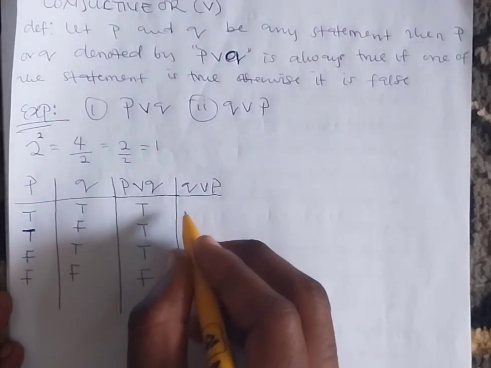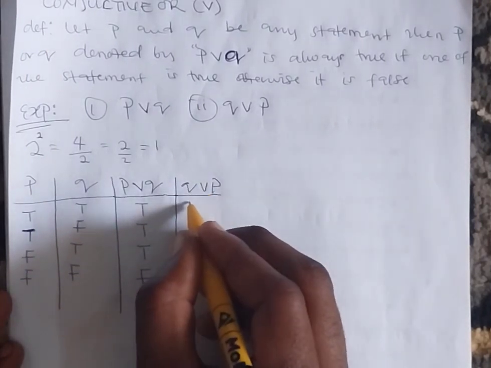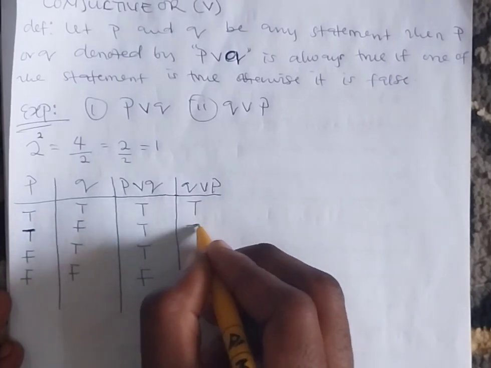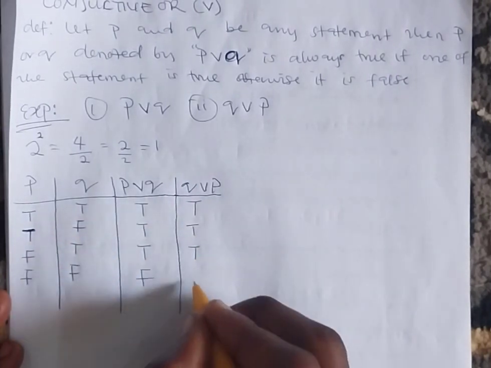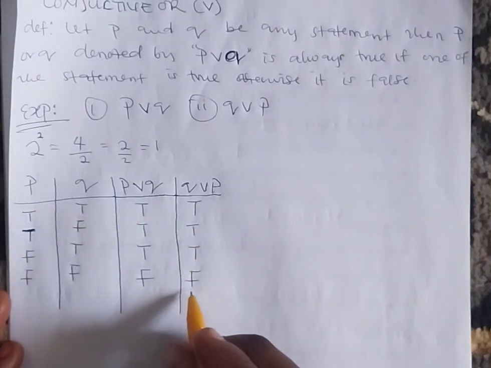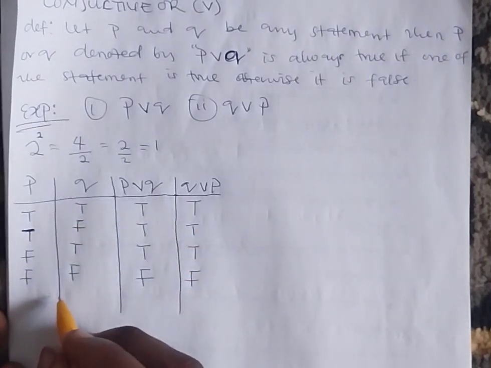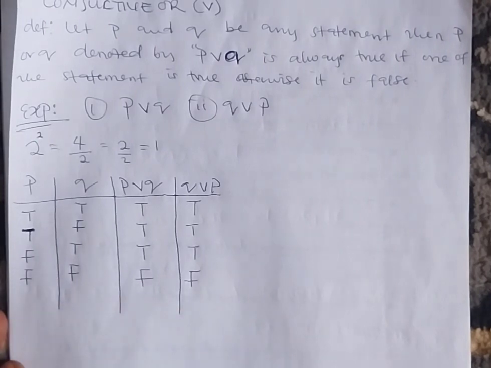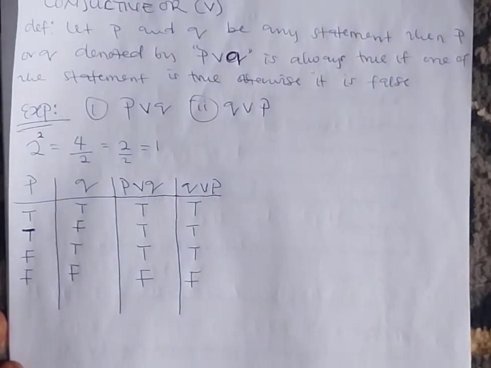For the next one, it's still the same thing, so we're still going to have true, true, true, and false, because false doesn't satisfy the condition. It only says that if one of the statements is true, then the statement is true, otherwise it is false.